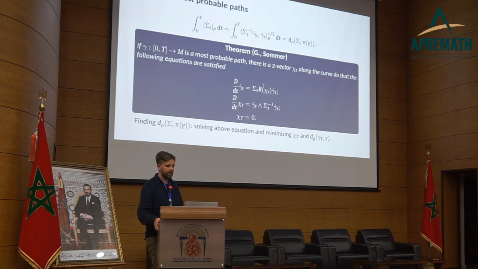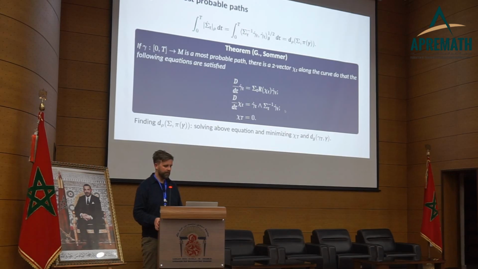So these are generalized geodesics for a nonlinear space. And the main result from our paper is that if you want to find these most probable paths, then they satisfy the following equation. It's given by the covariant derivative of the curve, which follows a curvature term, and this curvature term itself is determined by the following equation.